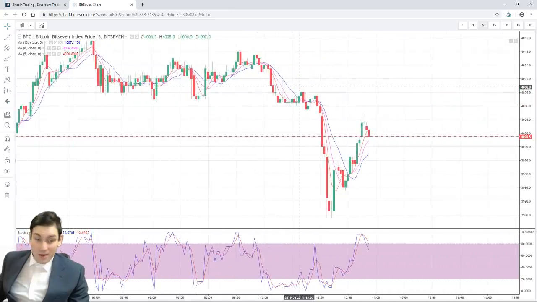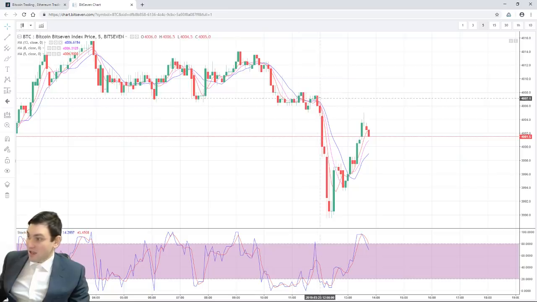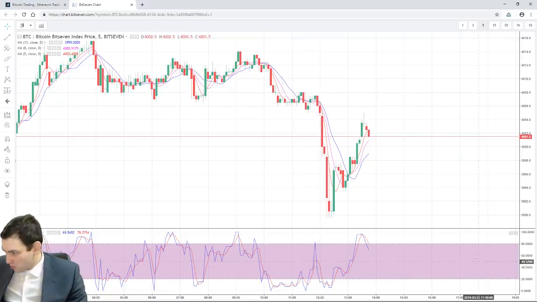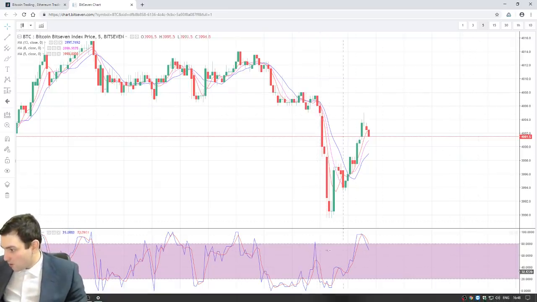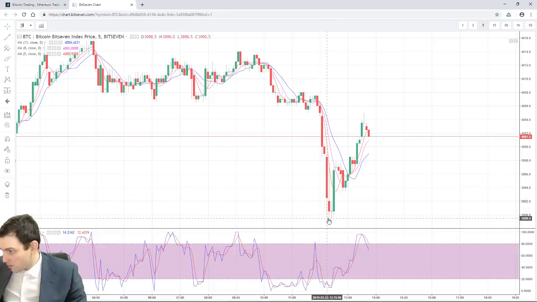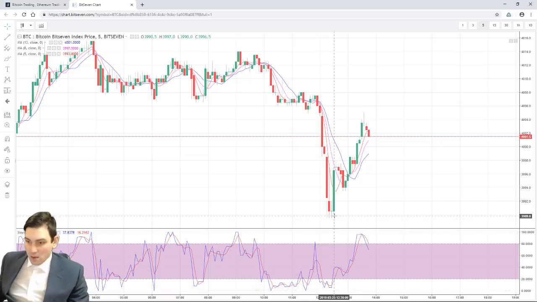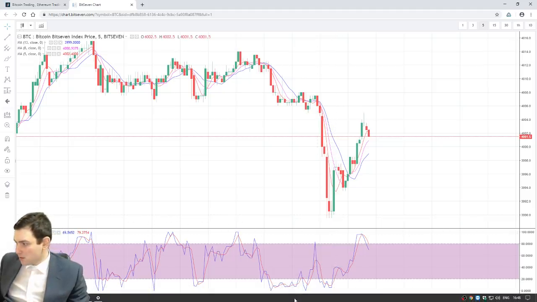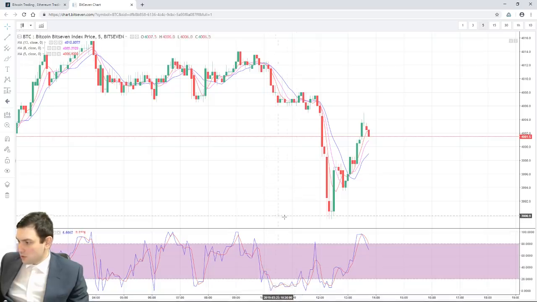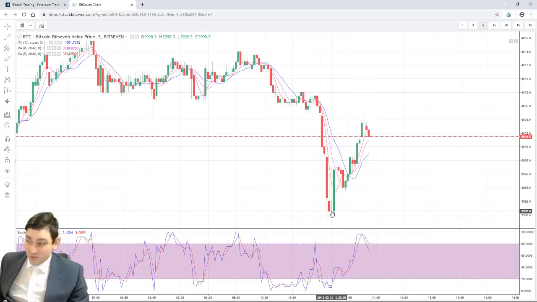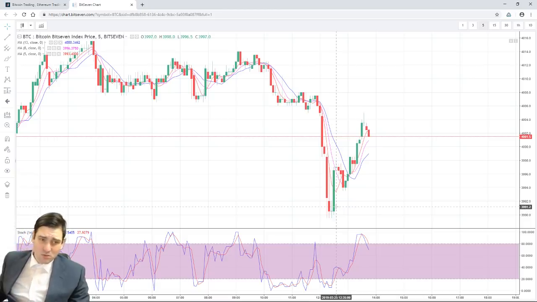But right away something happened, and we see a huge drop at around 12 o'clock GMT, because the time is now GMT, and it was compensated almost immediately.